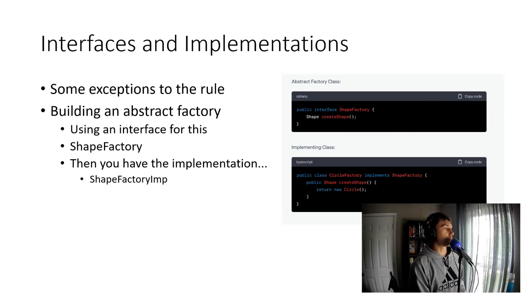So if you're trying to build on an abstract factory, a classic example, and shout out to ChatGPT for helping me out with the examples over here on the right, you have a shape factory where you want to create shapes. And it's an interface, which means that other classes are going to have to implement this. They're going to have to override the methods inside the shape factory interface, and they can utilize it for whatever they want to.